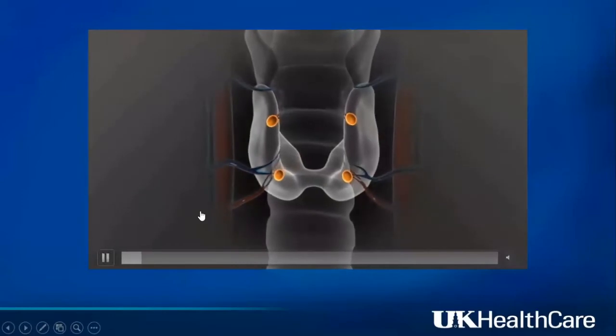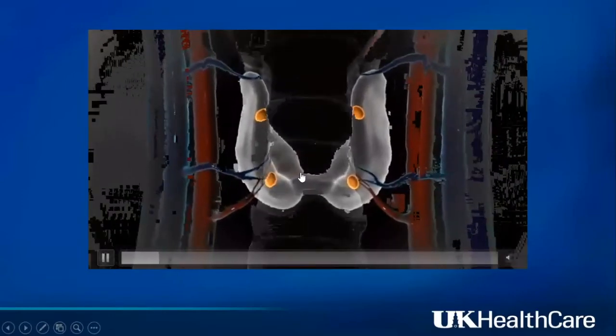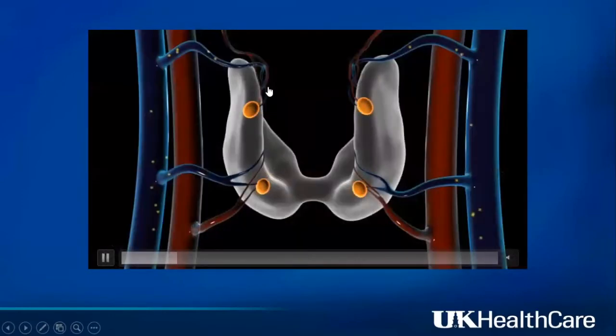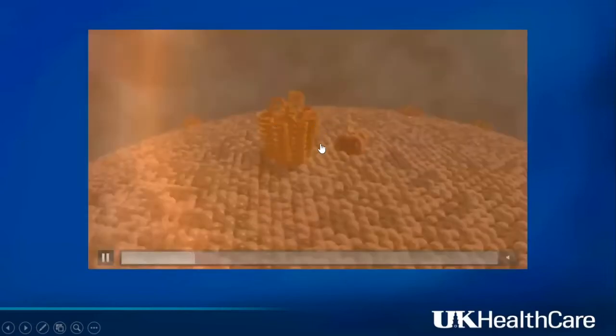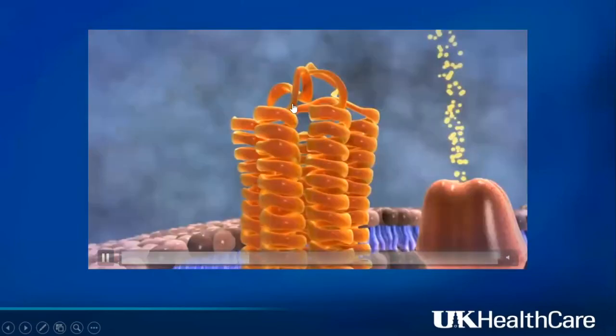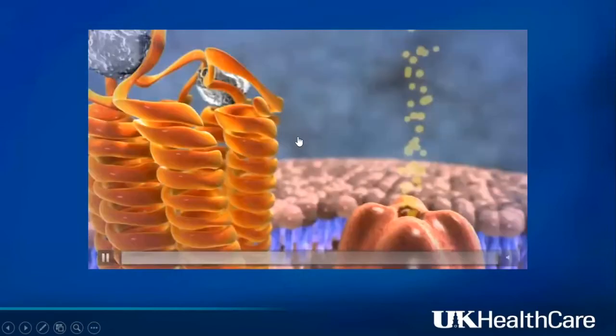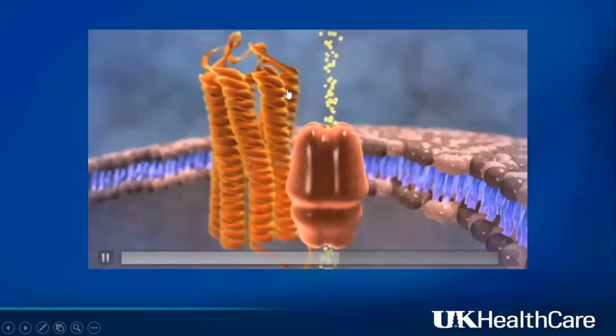Here is a cartoon of what happens. This is a short video. Here is the parathyroid gland, 4 glands underneath, behind the thyroid gland. And here is a calcium sensing receptor. Here is the extracellular part of the calcium sensing receptor. And here, how can this receptor regulate the PTH synthesis and secretion?